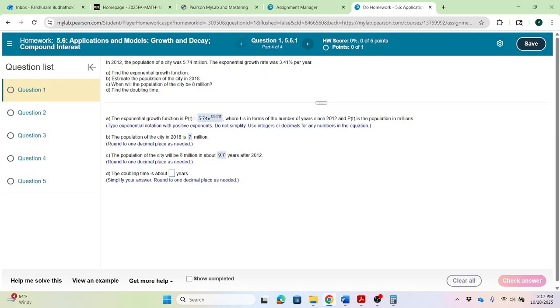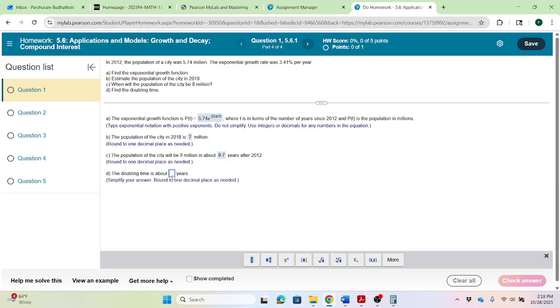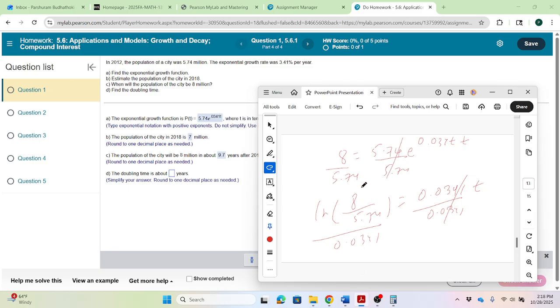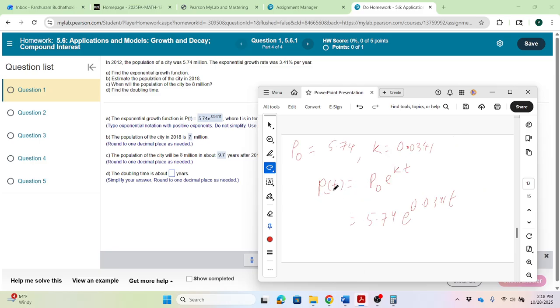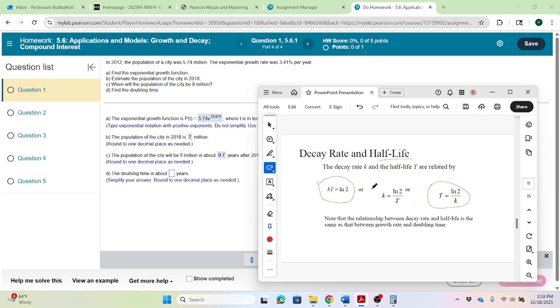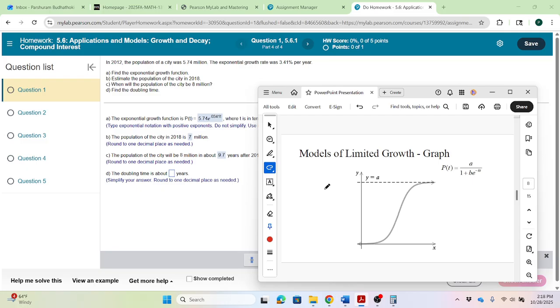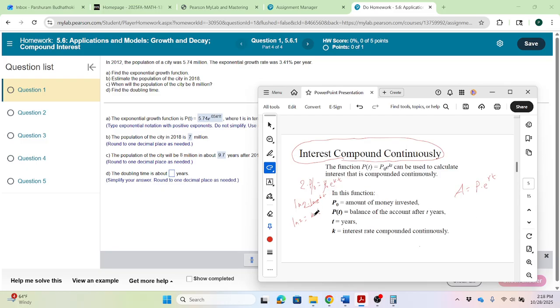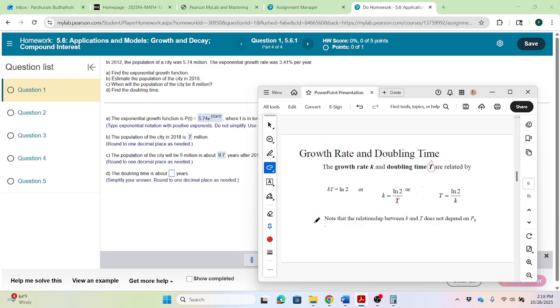Okay. The doubling time is about, doubling means the very same problem, but here this is 2 times this, and then you need to find out the doubling time. You can also use this thing we just already discovered. Doubling time T, k times T is ln 2.